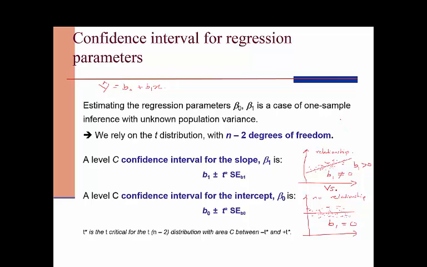I could also have, similarly, another relationship that was negative, right? Strictly not 0. So all I really care about is when B1 is not equal to 0 versus when B1 is equal to 0. Because when B1 is equal to 0, I cannot use my model. When B1 is not equal to 0, I can use my model, even if it's positive or negative.